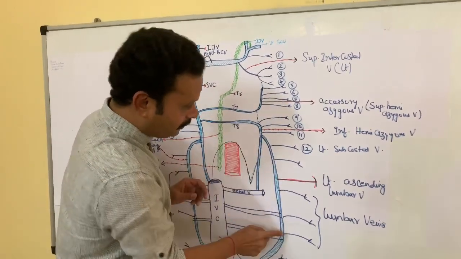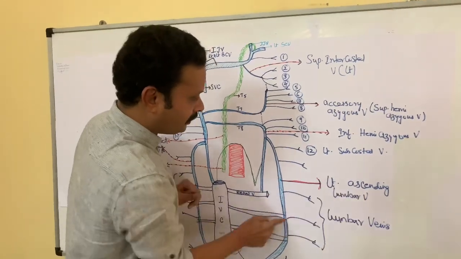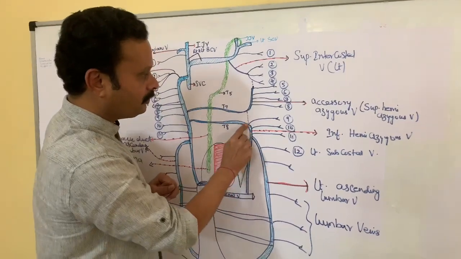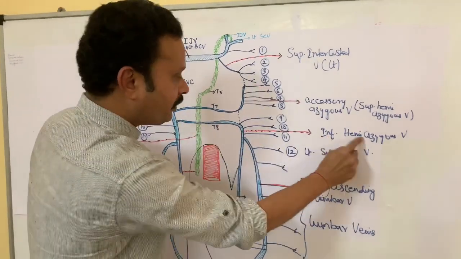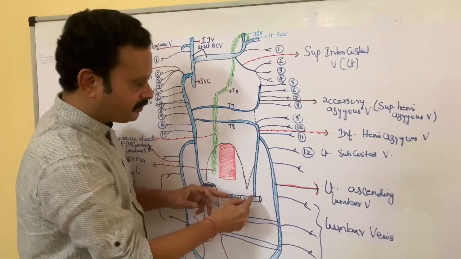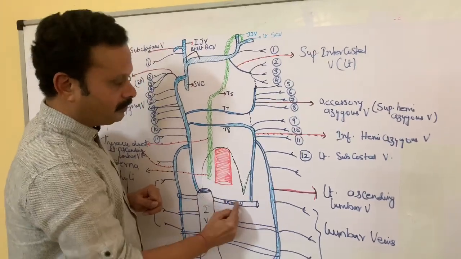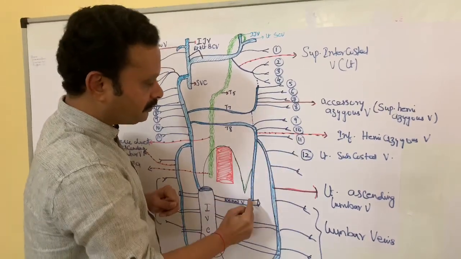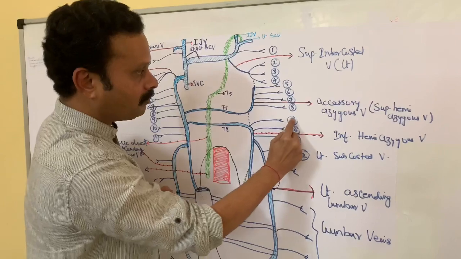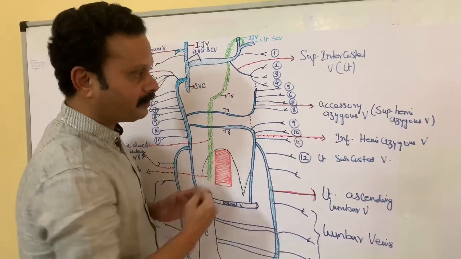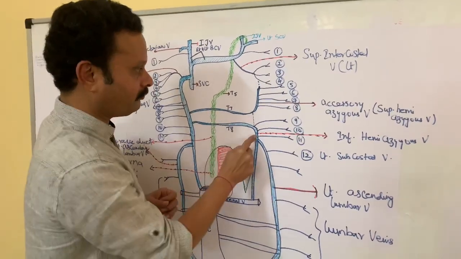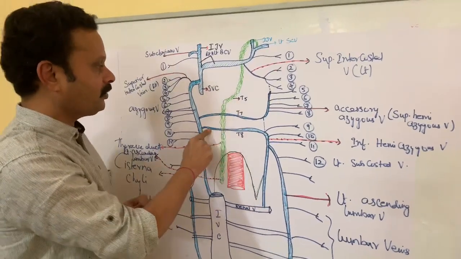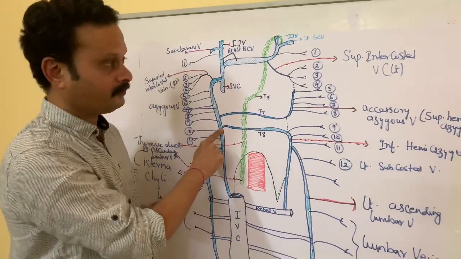So again I repeat, the left ascending lumbar vein joins with the left subcostal vein to form the inferior hemiazygous vein, which receives a communicating branch from the left renal vein. It not only receives a branch from the renal vein, but also the 9th, 10th, 11th left posterior intercostal veins, and after receiving them at the level of T8, it joins with the azygous vein.